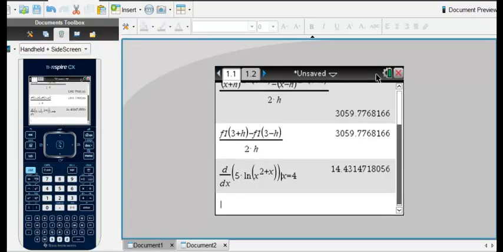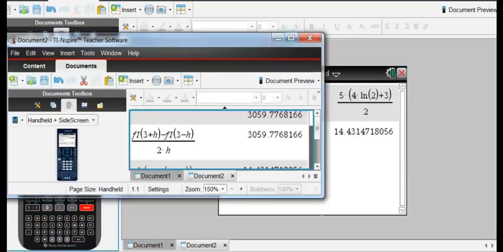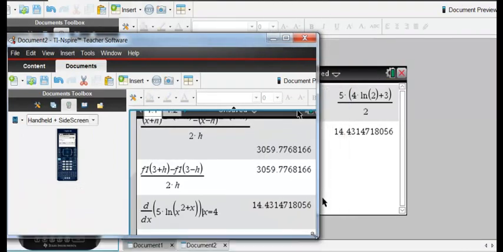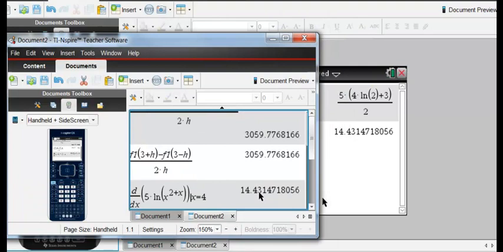Let's see if I can make that so we can see both of them. 14.431471805. They're both accurate to all the places. So they both work all the way.